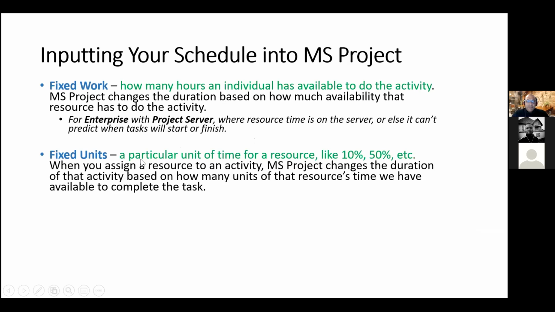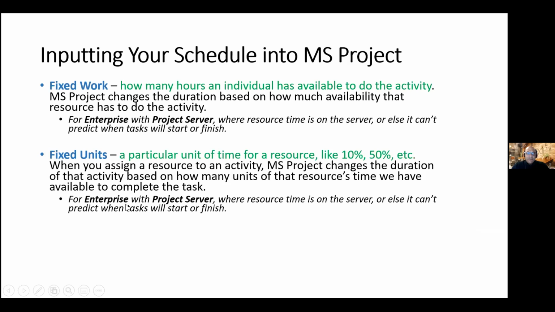In the case of fixed units, a particular unit of time for a resource, you might have like 10% of time for one resource, 50% for another resource. So when you assign a resource to an activity, Microsoft Project changes that duration based on how many units of that resource's time are available. Again, this is for enterprise with Project Server, so you don't need fixed units.